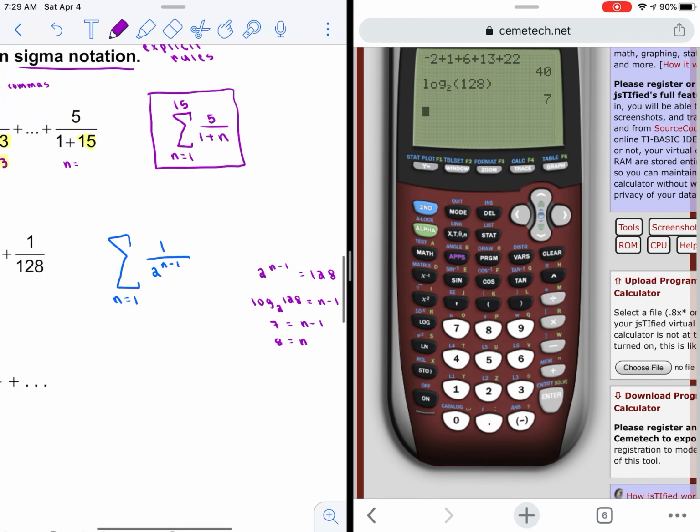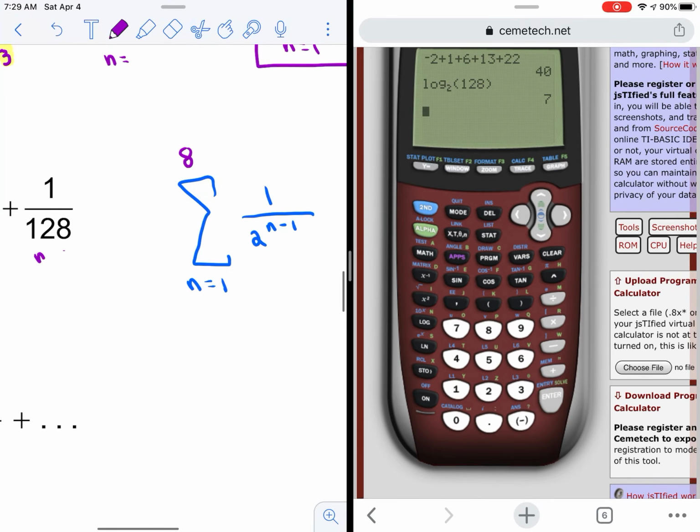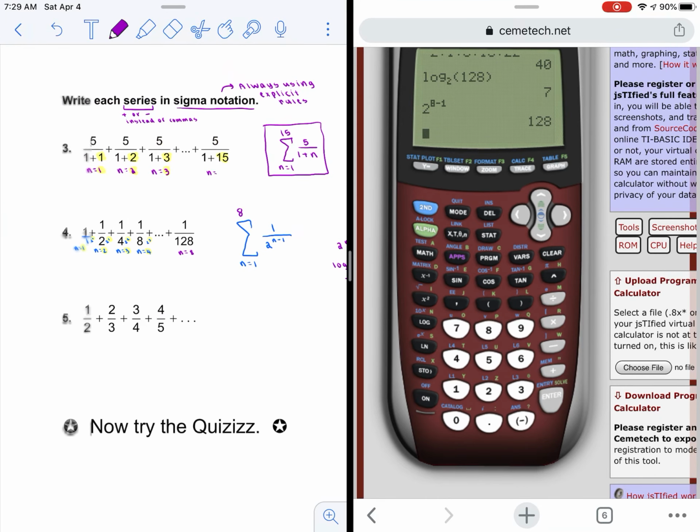When I add the 1, I get an 8 for n. So that means the top of this would have a value of 8. Now check to make sure that that works. If I sub in an 8, I should get this last term. So this should be n equal to 8. So let's sub in an 8. 2 raised to the 8 minus 1 power. I'm getting 128, which is exactly what I should get.